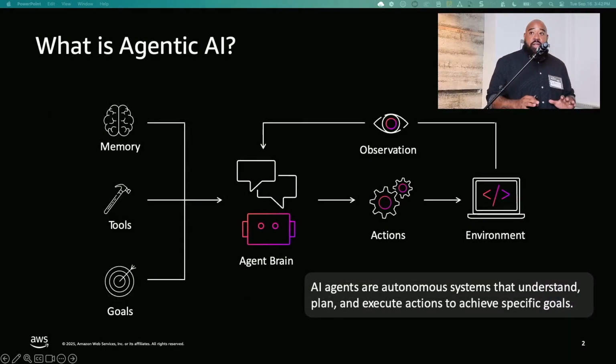Now, I'm gonna start this off setting the tone on what is agentic AI. At AWS, we define agentic AI as AI agents that are autonomous systems that can understand, plan, and execute actions to achieve specific goals. So if you communicate with a traditional LLM, it can't do things like look at the weather. It can't do things like look up the time.